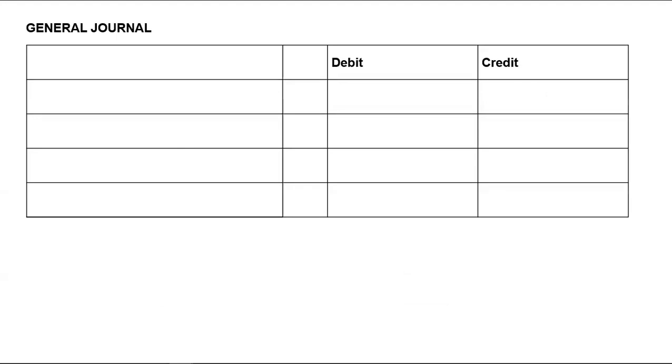In our trial balance, that 600 will be recognized as consumable stores on hand. We will debit consumable stores on hand and then credit stationery. We are reducing that expense that we have in the trial balance because that is not the actual expense. The actual expense will be an expense that has been used. So when you reduce it by what has not been used, you'll be left with what has been used.